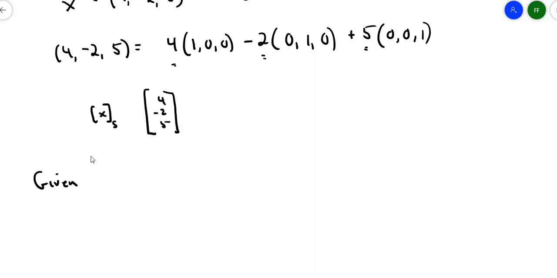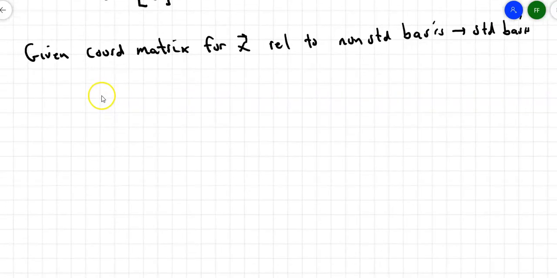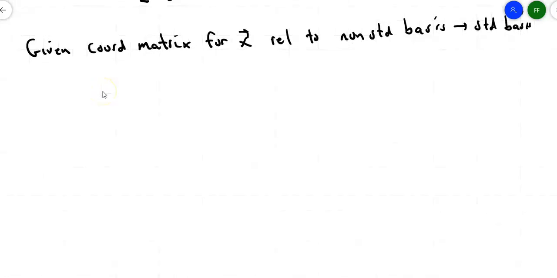I'm going to say, given the coordinate matrix of X relative to a non-standard basis, I want to go back to the standard basis. So I want to go back to being able to write things in terms of 1, 0, 0, 0, 1, 0, etc. Here's the question.